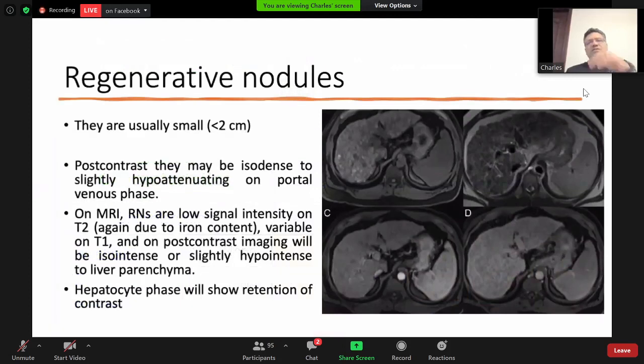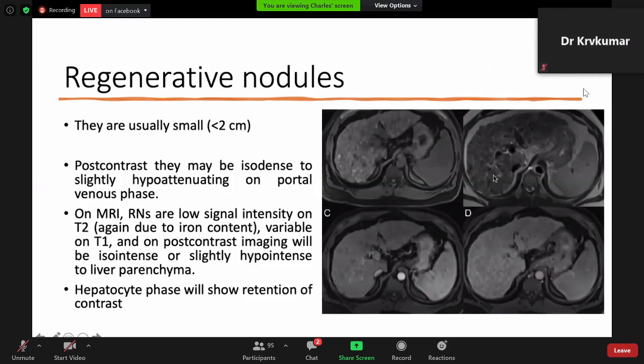So when you talk about nodules in the cirrhotic liver, it may be a regenerative nodule. Usually regenerative nodules are less than 2 centimeters in size, and they don't enhance with contrast, and they contain a lot of iron, a lot of hemosiderin, and hence they are hypo on T2 images of MRI.